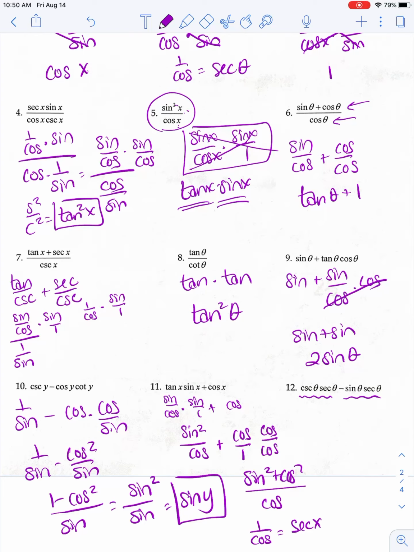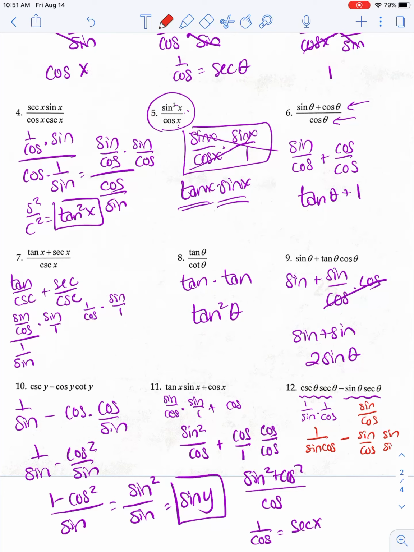For this one, I'm going to look at each term and try to clean it up. So cosecant is 1 over sine, and secant is 1 over cosine. I'm going to change colors so it separates it. So this is 1 over sine cosine. And this is sine, secant is 1 over cosine.